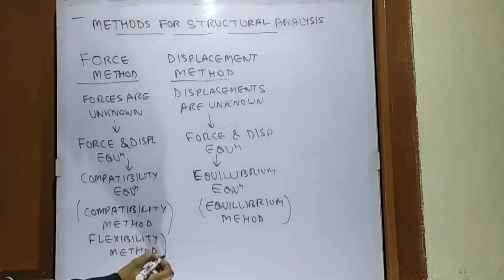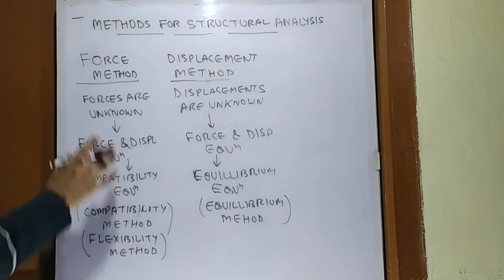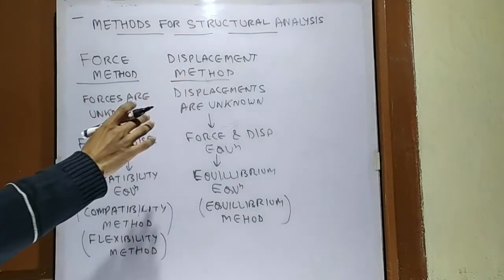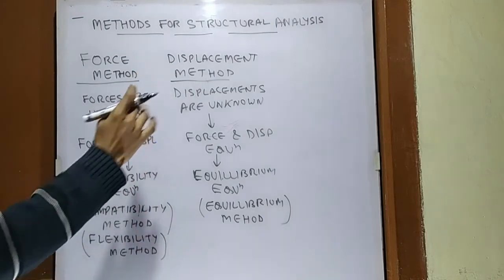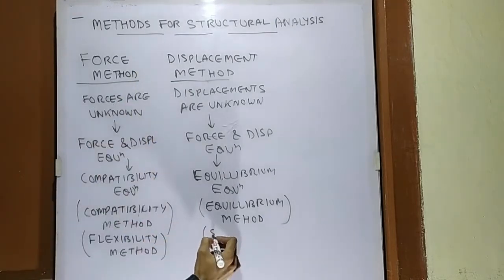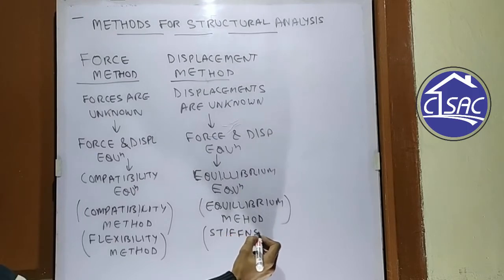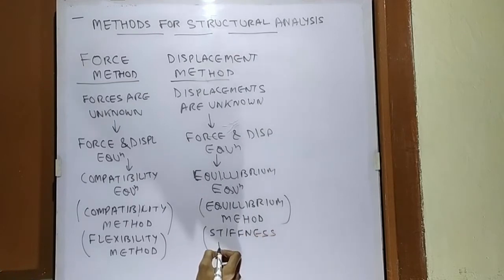And as we have to write the flexibility matrix in force method, we have to write a stiffness matrix in displacement method. That's why this method is also called as stiffness method.